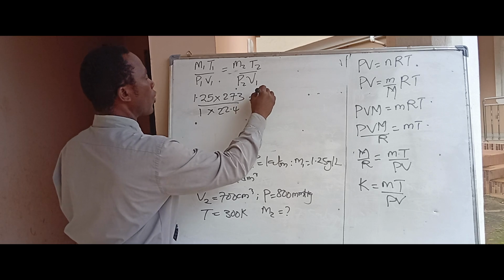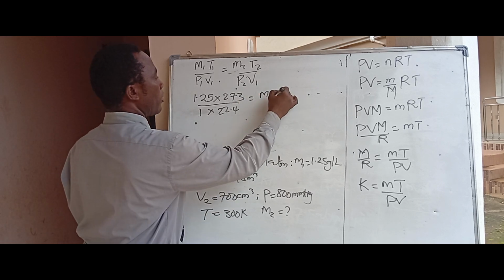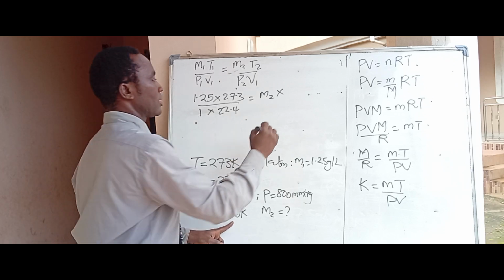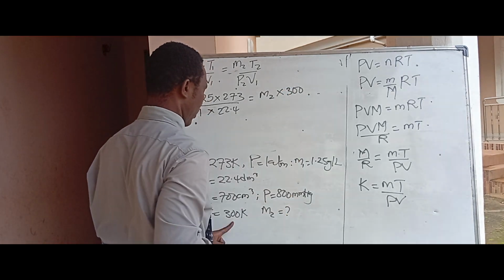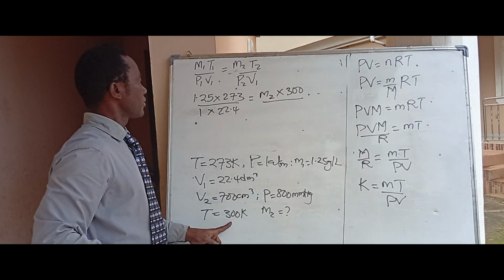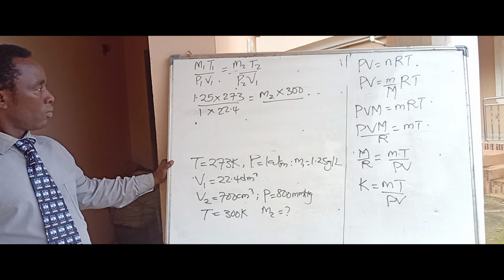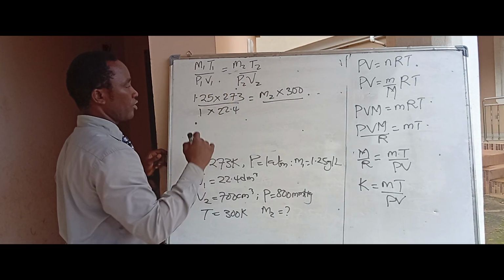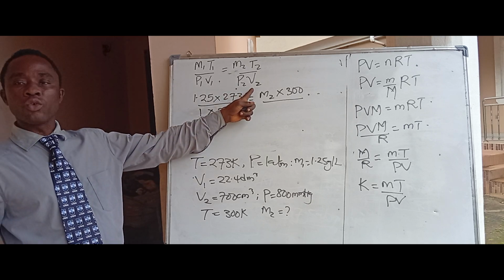That will be equal to weight 2, which I'm looking for, multiplied by temperature 2, which is 300 Kelvin, divided by P2 V2.